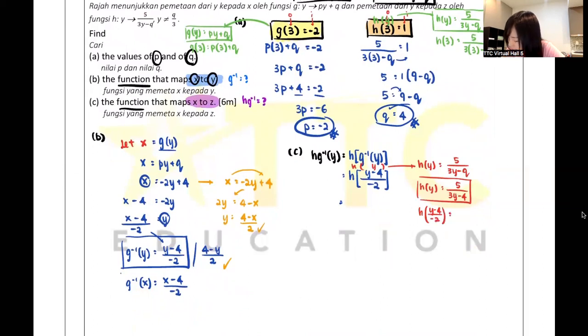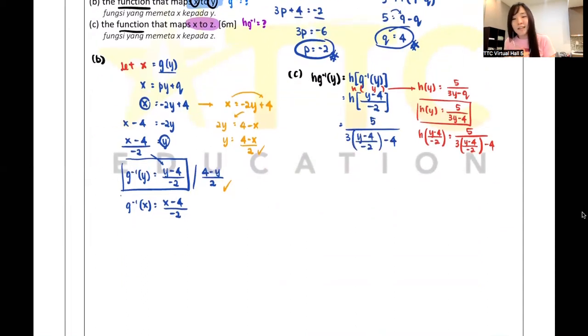So I repeat, when the y becomes y minus 4 over negative 2, your y here also becomes y minus 4 over negative 2, totally the same thing. Now I just write inside: 5 over 3 bracket y minus 4 over negative 2 minus 4. If you can't do it from here, I repeat, it's your maths problem.